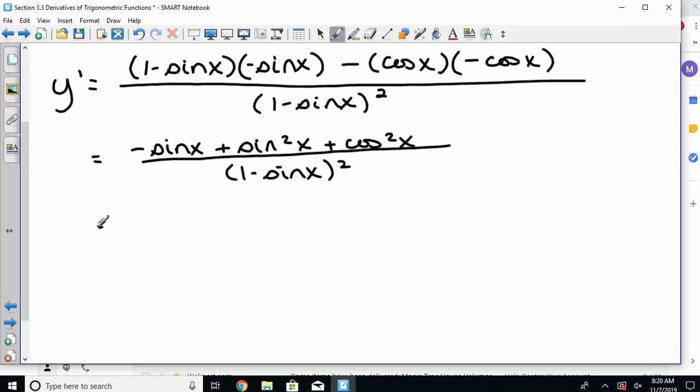You notice anything we can simplify here? We could FOIL out the bottom. I don't really want to. Sine squared plus cosine squared, that is 1. So then if I put that in front, I have 1 minus sine x over 1 minus sine x squared.